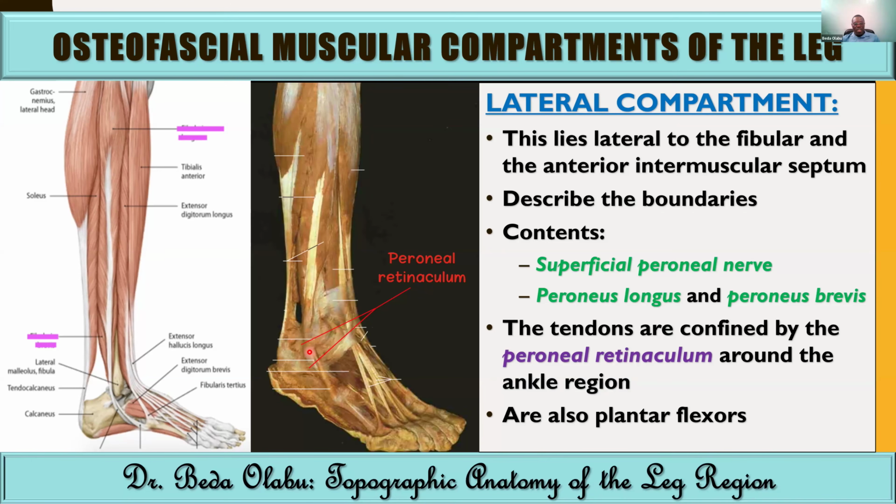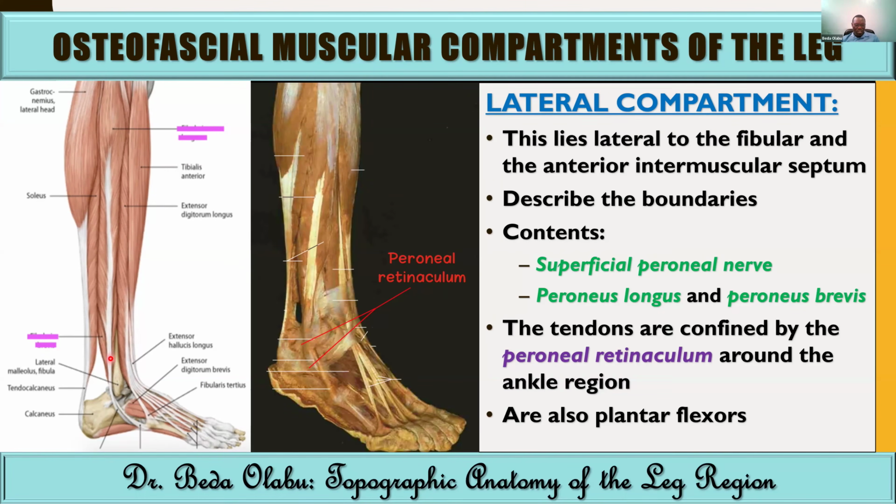Peroneus tertius is not in the peroneal compartment, but it is also an evertor of the foot, just like the muscles of the peroneal compartment. In terms of insertion, important to take note that peroneus longus actually crosses the foot.